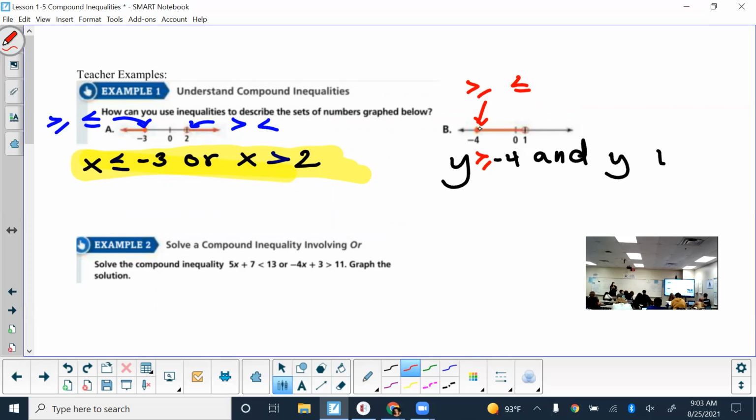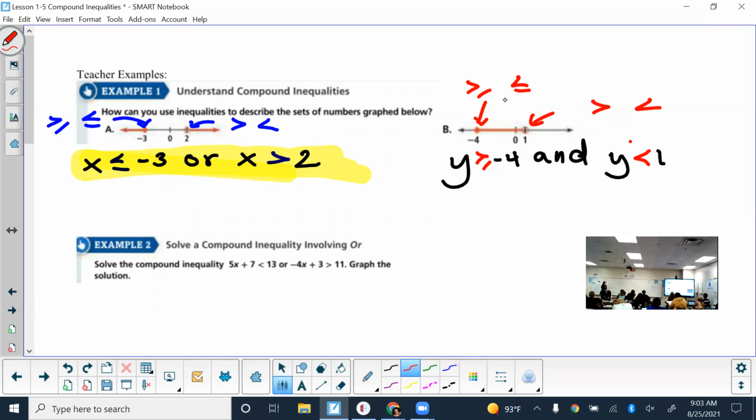All right, what about for the 1? What are our options based on the circle? Greater than or less than? Which one makes more sense? All right, definitely less than. So the numbers with the line over them are smaller than 1. So y has to be smaller than 1.